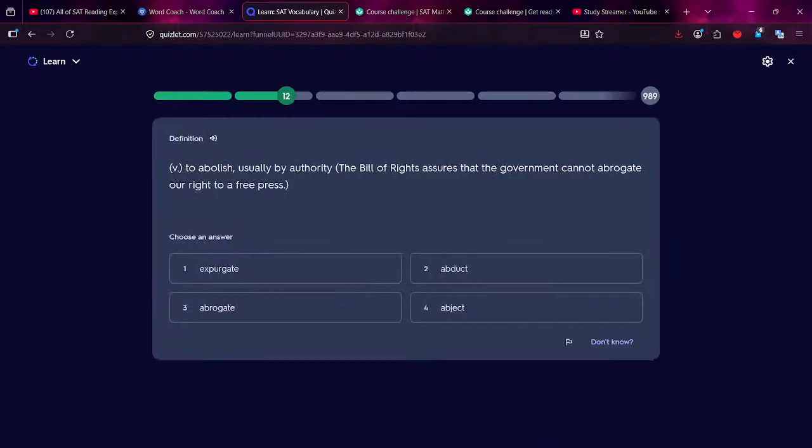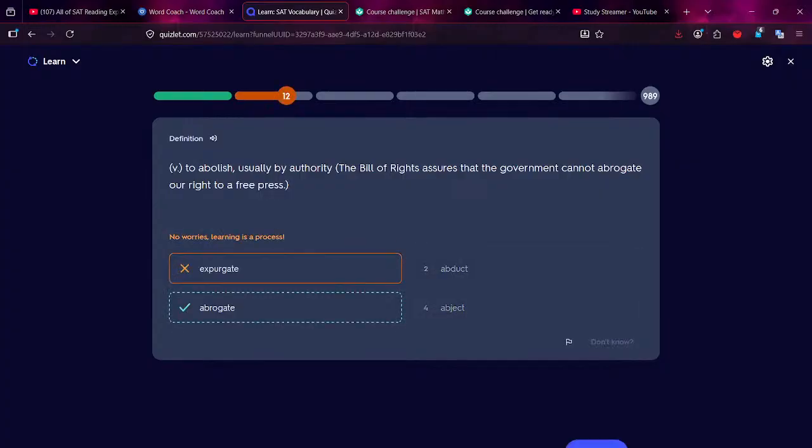To abolish, usually by authority. It's not object. It's not this, that's kidnap. It's not object. Expurgate, like expel, so it sounds kind of similar.